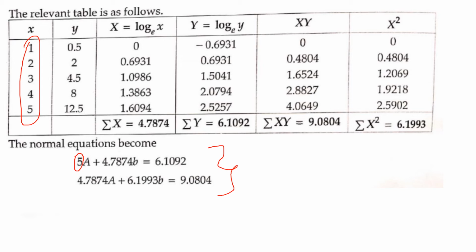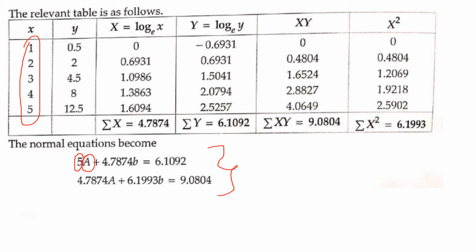Now use the calculator and solve these two simultaneous equations for two unknowns. Once you put the coefficients and constants and enter, the first value will give the capital A value.